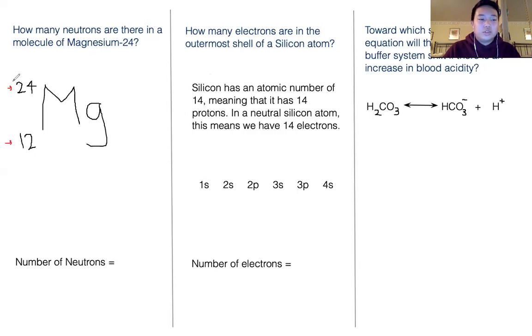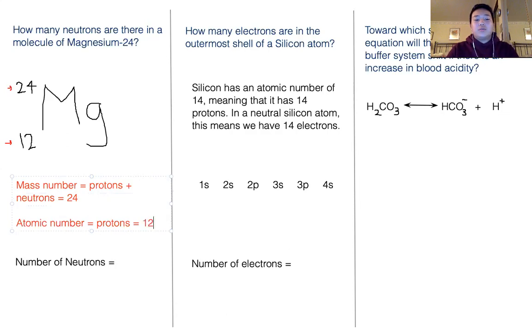So which one's which? Remember that our mass number is protons plus neutrons, right? And that's going to be equal to 24. So that's our top left corner. Our atomic number is equal to the number of protons we have, right? And that's going to equal 12. That's our bottom left number.